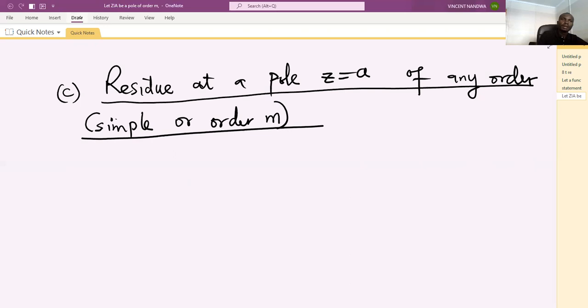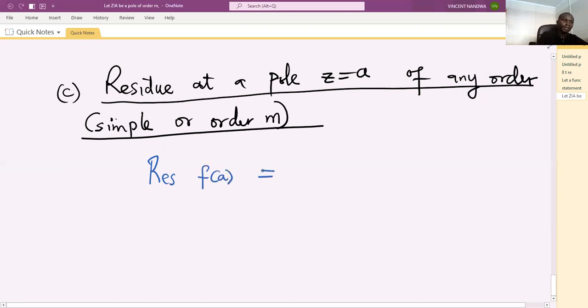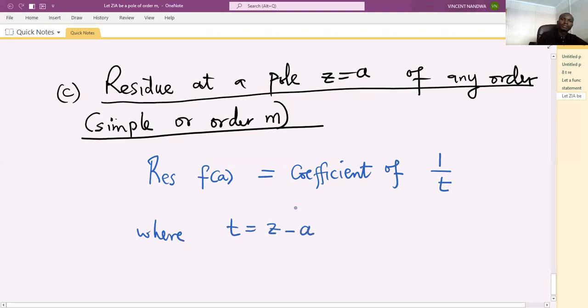So you use the formula residue of the function f at a is given by coefficient of 1 over t, where t is given by z minus a.